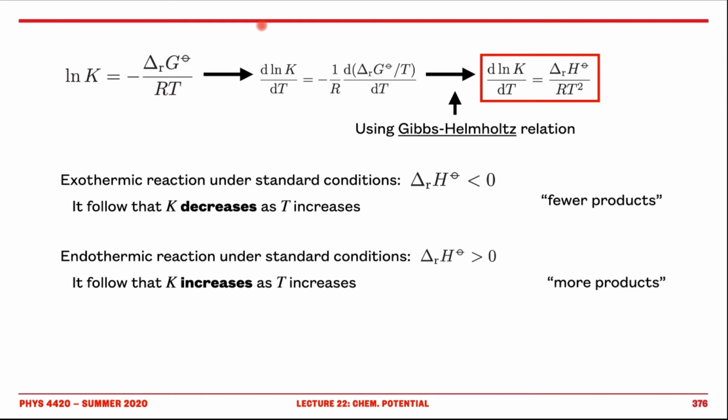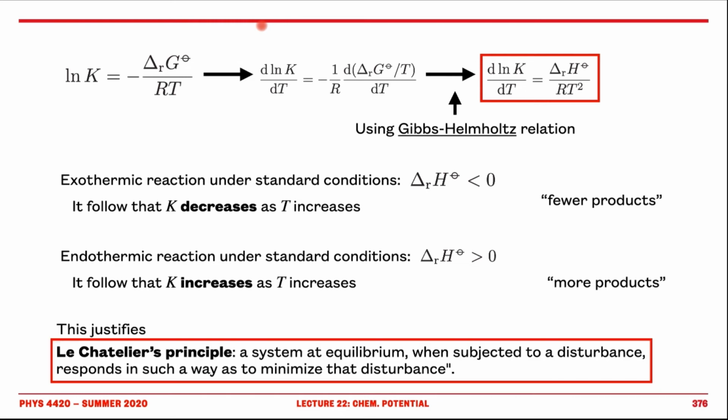And if you remember probably your high school chemistry or your introductory chemistry, this is just an example of the Le Chatelier principle, which means that a system at equilibrium, when subjected to a disturbance, will respond in such a way as to minimize that disturbance. The idea in this case is that, for example, let's have a look at the exothermic case, and you can apply it to the endothermic case.